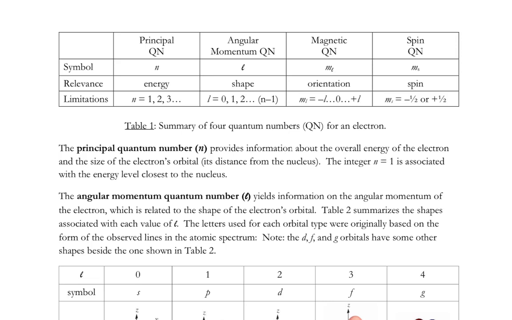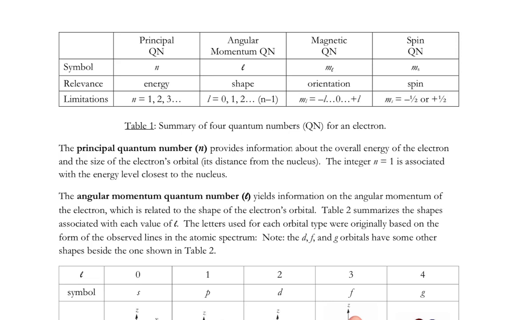The smaller the value of n, the closer is that n level called shell to the nucleus. Think of a multi-electron atom. There's many shells. n equals 1 is the lowest energy shell. n equals 2 is the next one. n equals 3 is the next one, and so on. And n very much has to do with energy of the atom.